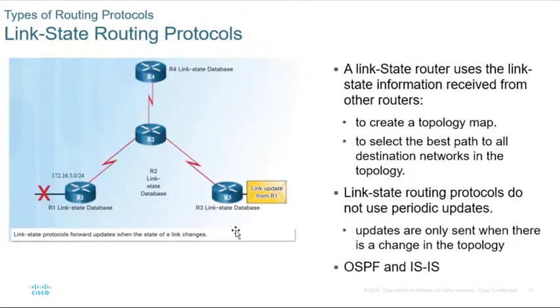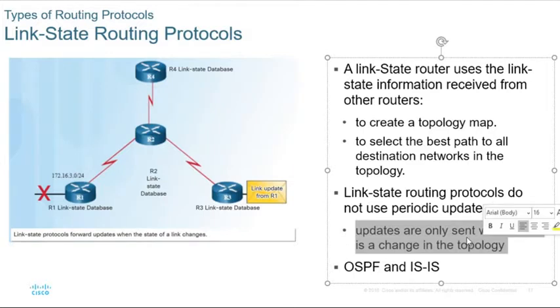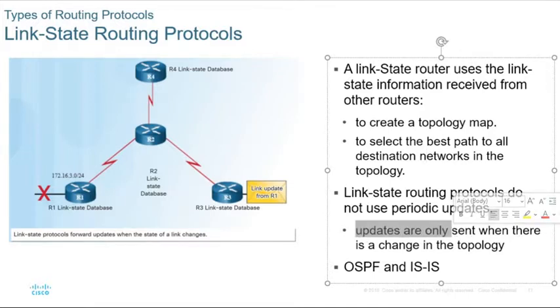In contrast, link state routing protocols do not use periodic updates. So how do they exchange routing information? Instead, updates are only sent when there is a change in topology.